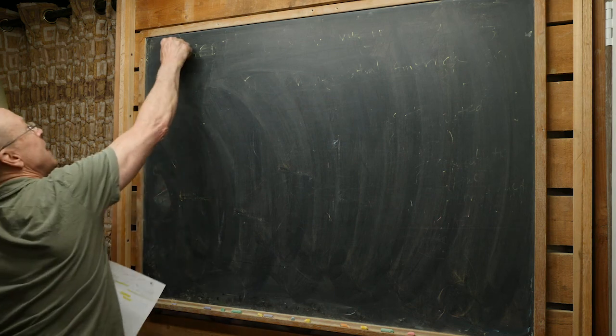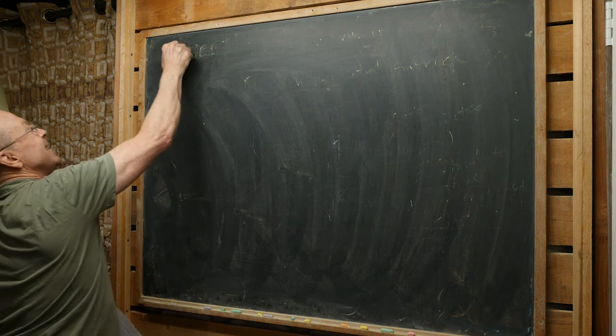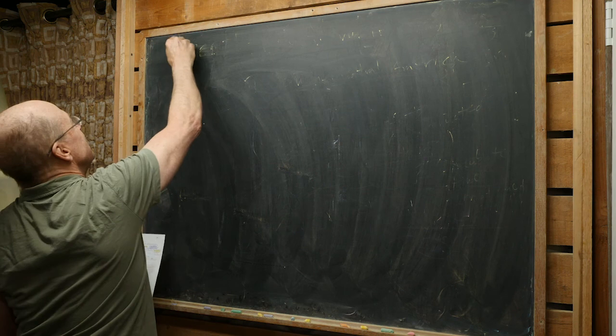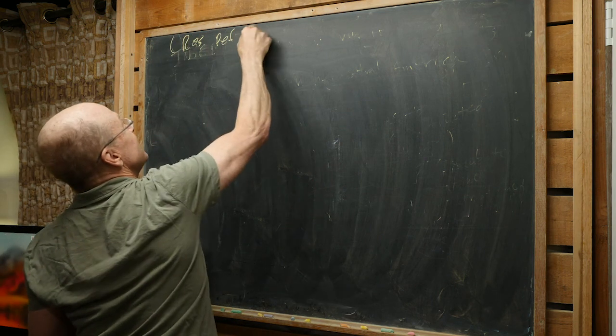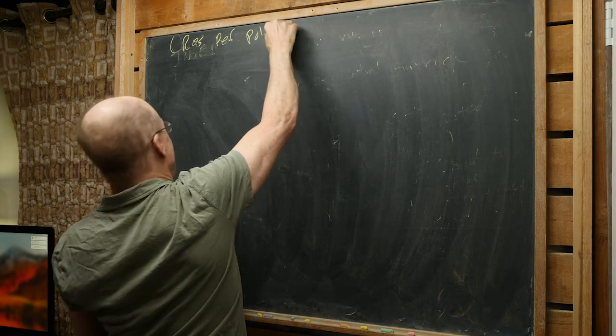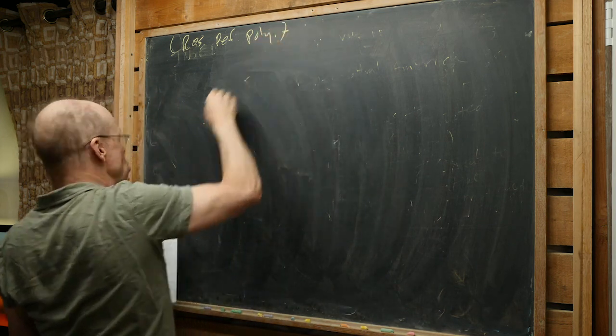Okay. Now we're going to move into, let's see, make sure I got the right one. So we're still doing resource defense polygyny, and we're now moving into the new one.